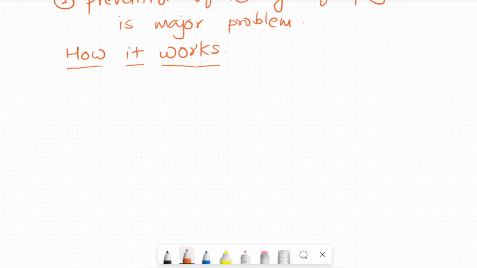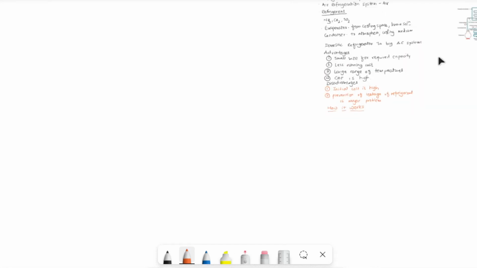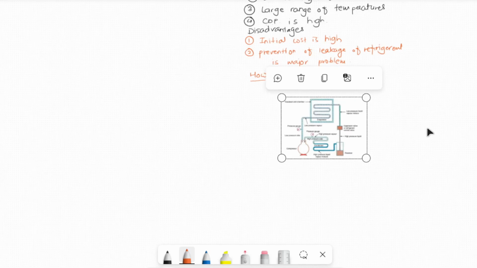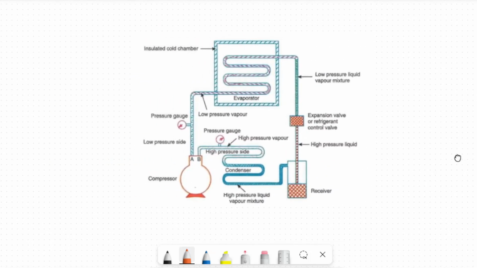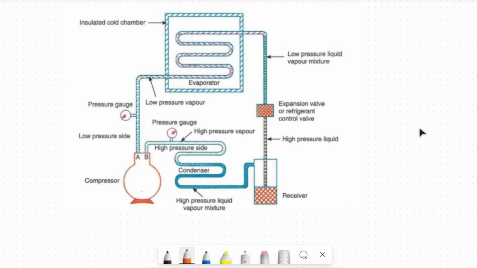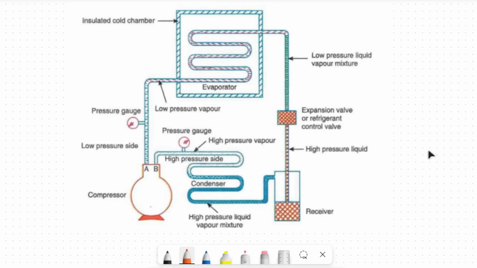Now, let us see the diagram. Now, I hope that you can see the diagram. So, this is the diagram of a vapor compression refrigeration system, and one by one, we'll understand the working.